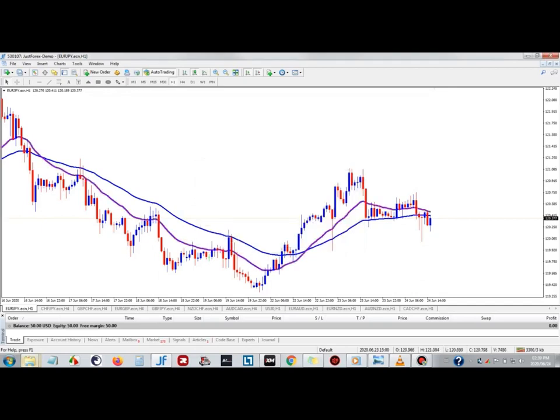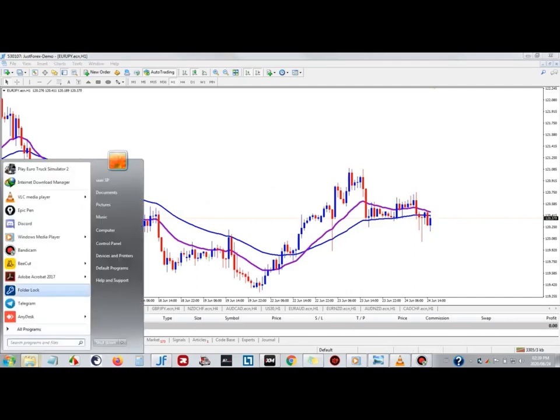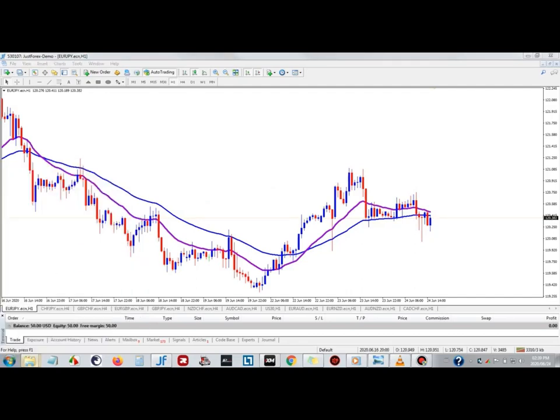Okay, guys, basically what you do on this strategy, you're just looking to buy when the fast moving average crosses the slow moving average. I know you're going to ask yourself, what is a fast and a slow moving average? A slow moving average is the one with a longer period of time.